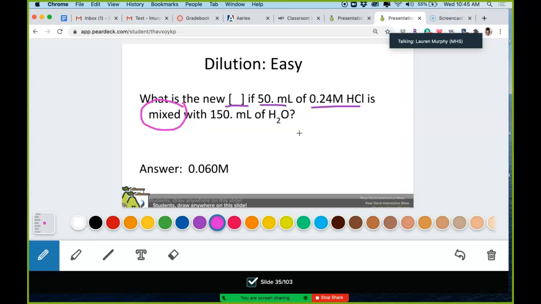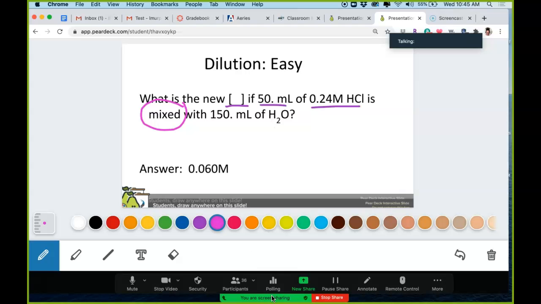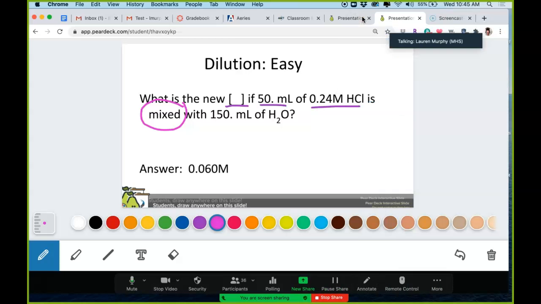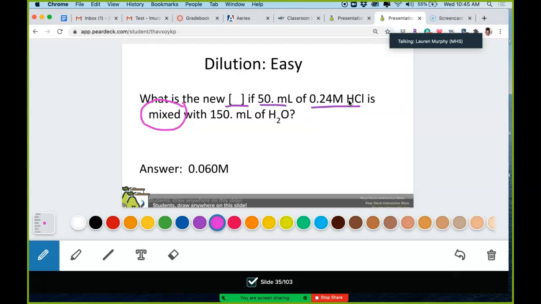So can someone shout out, will your final molarity be more than or less than 0.24 molar once we add the water? Should our final concentration be more or less after adding water? Less. Thanks, Brian. So less, right? If you add water to a solution, it's going to make it less concentrated. So hopefully our answer comes out to be less than 0.24.